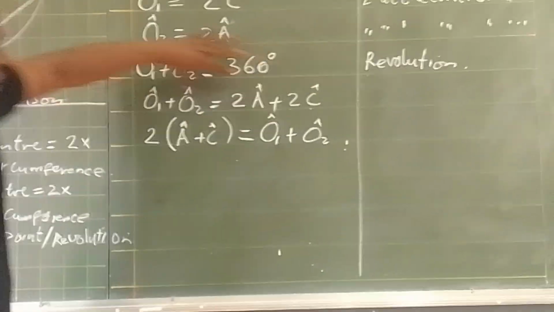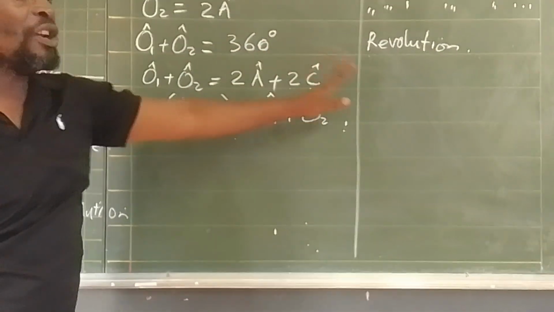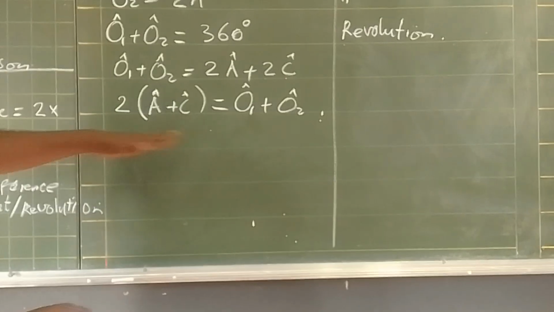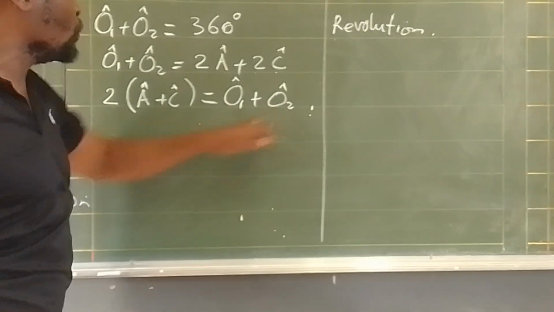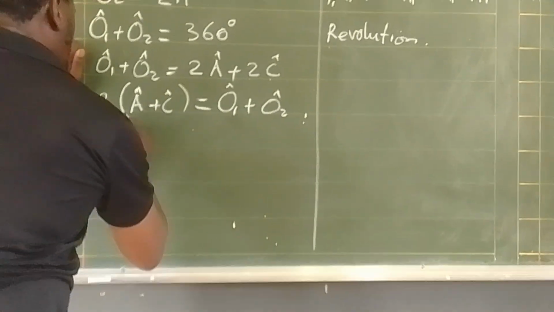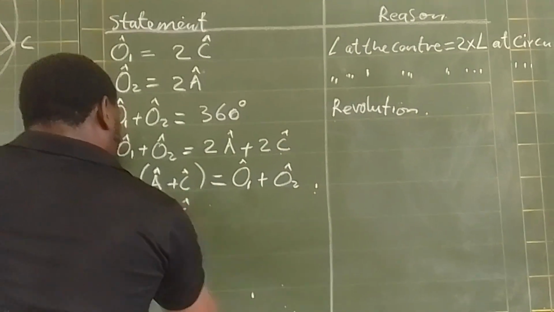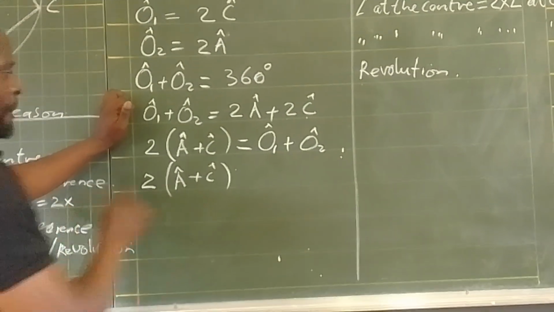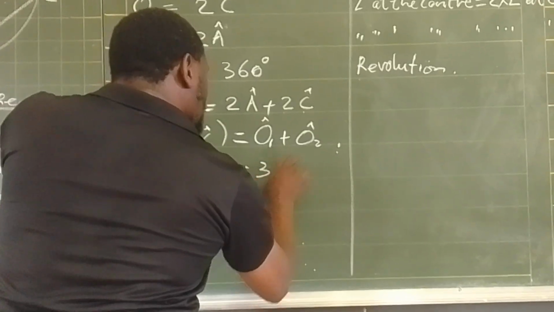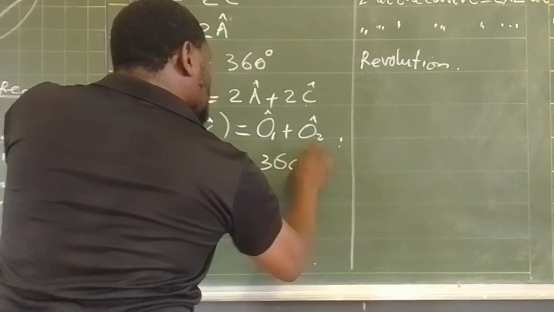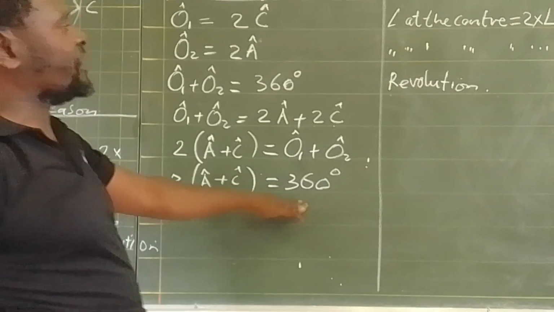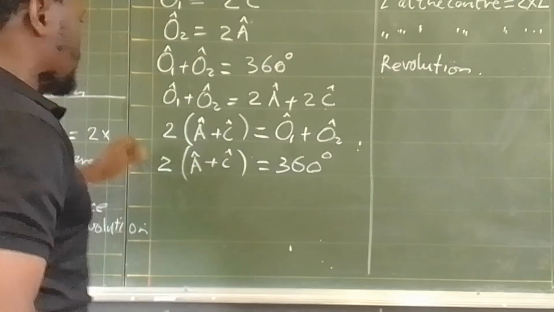Just a matter of taking this on the left hand side and O1 and O2 on the right hand side. But we know that O1 and O2 is 360, so you say A plus C, 2 of them is equals to 360. The reason that you have given is revolution.